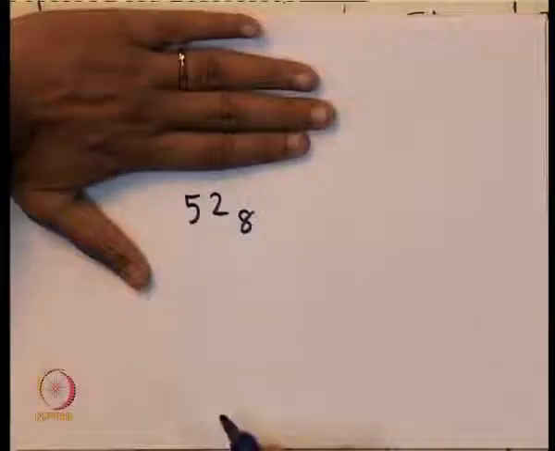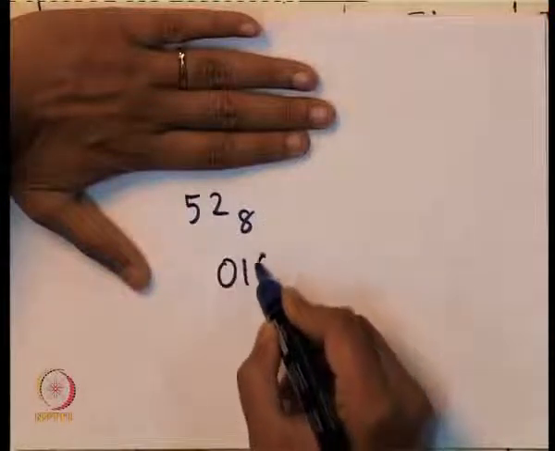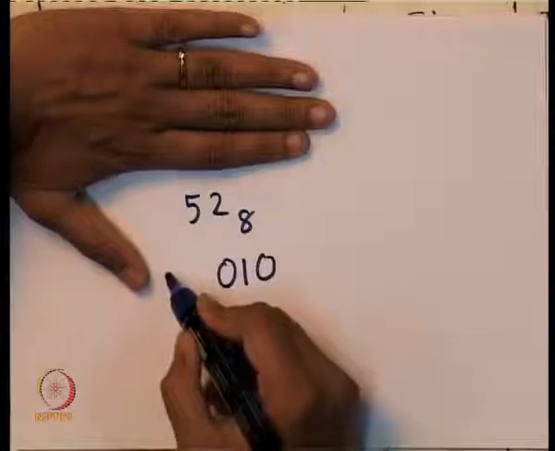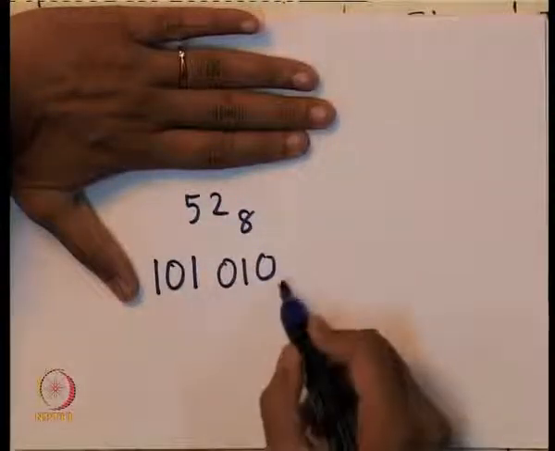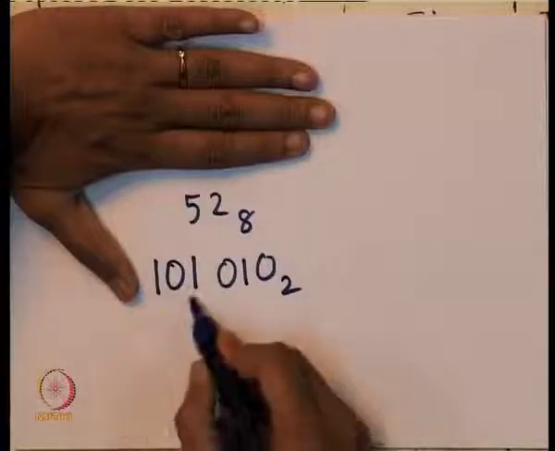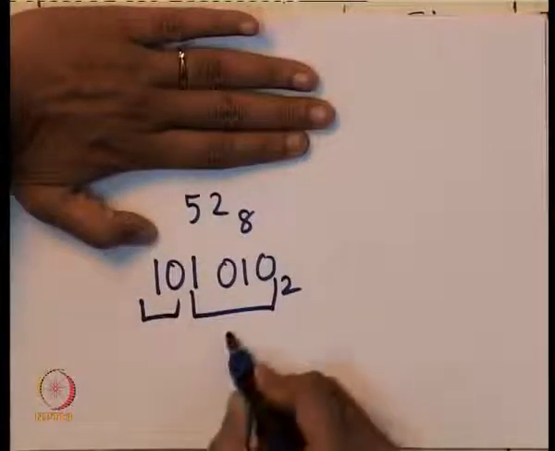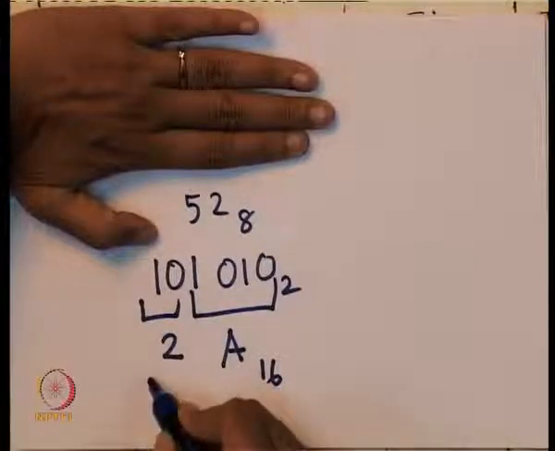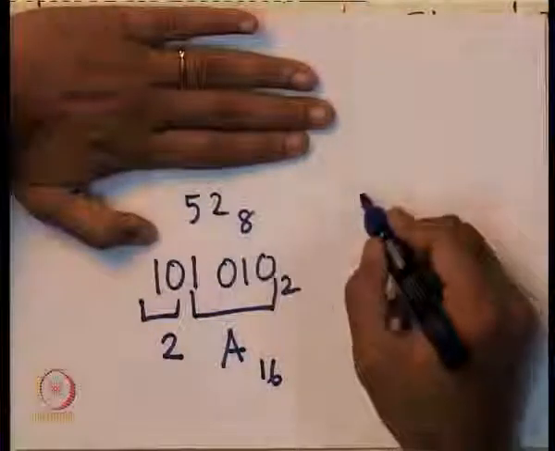Then I can write the binary representation. 2 base 8 is 010, and 5 is 101. Now that it is in binary we can group in terms of 4 and write it as hexa. So 2A base 16 is the same as 52 base 8.